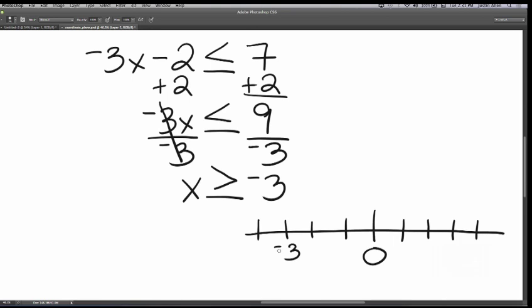For a less than or equal to or greater than or equal to, we use the closed circle. And this is greater than or equal to, so it's going to go to the right, since all those numbers to the right will be greater than -3. And I'm going to do the arrow to show that this set of numbers has no ending point. It'll just go on into infinity.